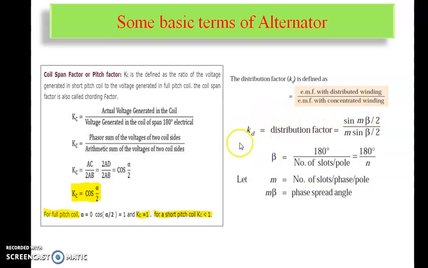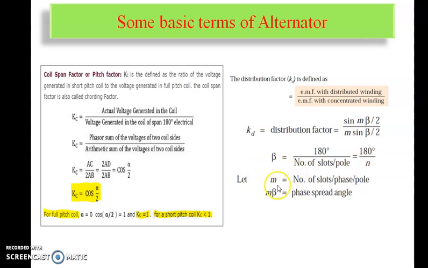These formulas we are going to use for the EMF equation of the generator, as well as to solve different numericals related to the EMF equation of alternators. So here Kc equals cos alpha by 2, while Kd equals sin of m beta by 2 divided by m into sin beta by 2, where beta equals 180 divided by the number of slots per pole, and m equals the number of slots per phase per pole.